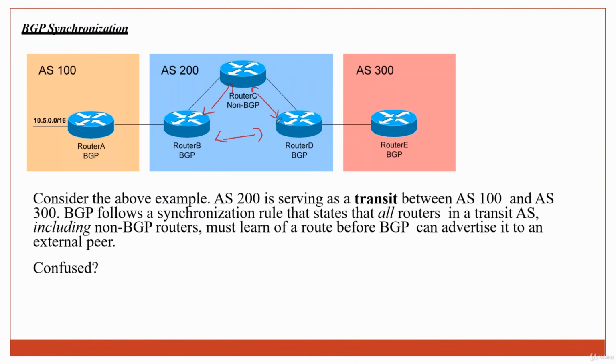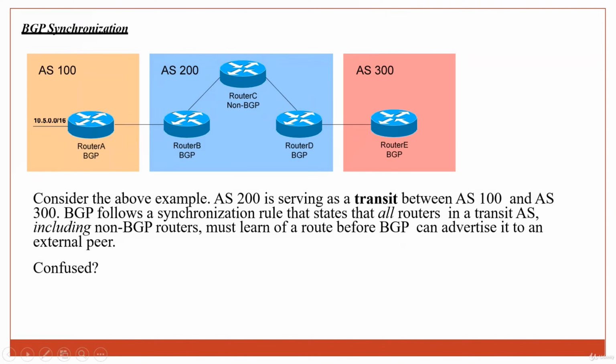Because if you have so many devices within an autonomous system, and you turn on BGP and do this full mesh IBGP relationship, then obviously the CPU and memory utilization will increase. So this is not the optimal design solution.